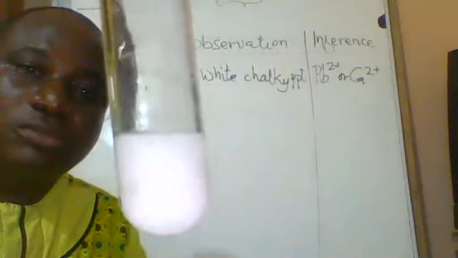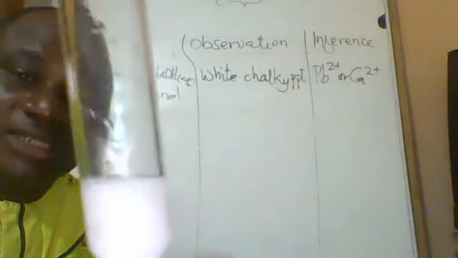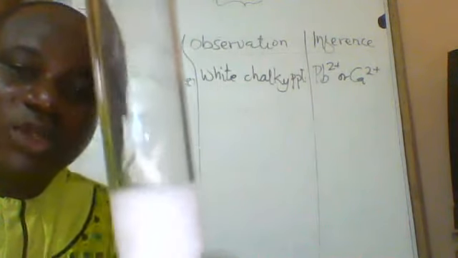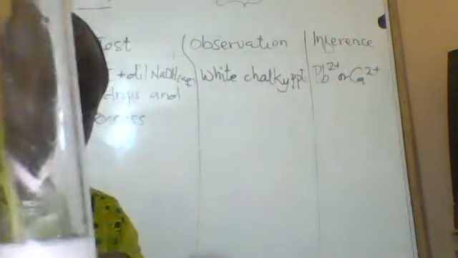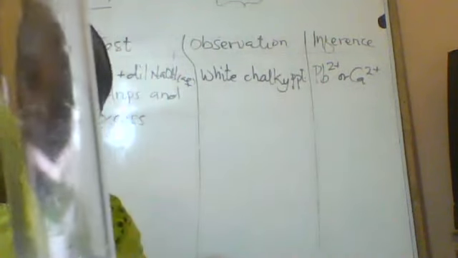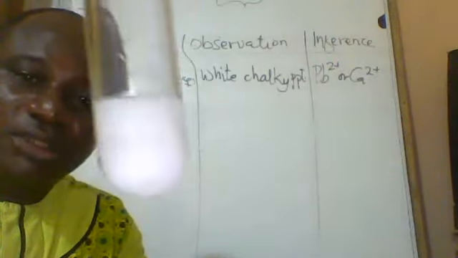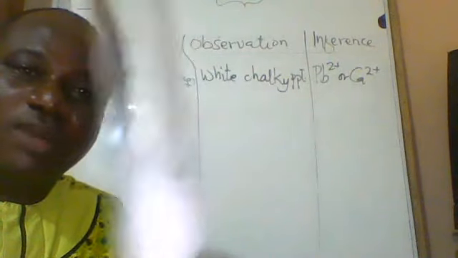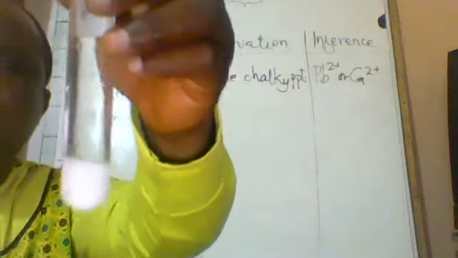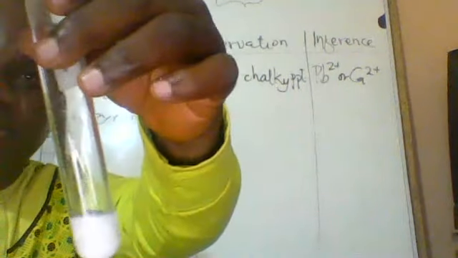You see, when it is gelatinous, it is clear, thick, and slimy, sort of. But this one, when you shake it, it comes back. When you allow it to settle, the particles will go down, and then there will be a colorless solution on top. I'm adding in essence.